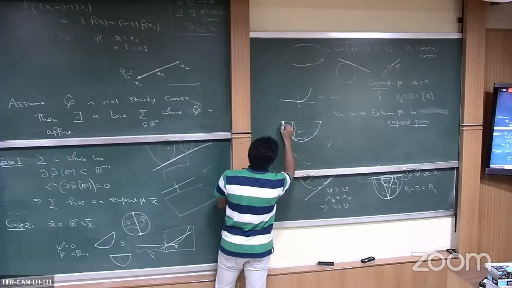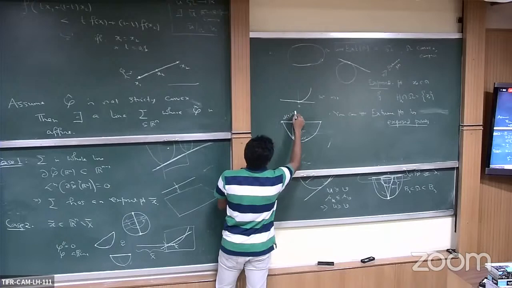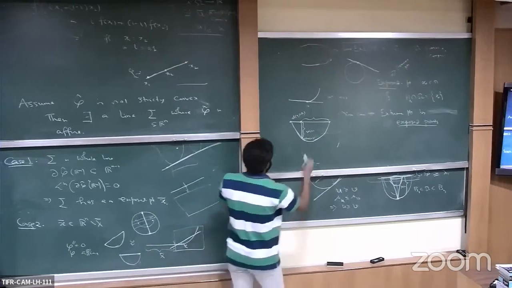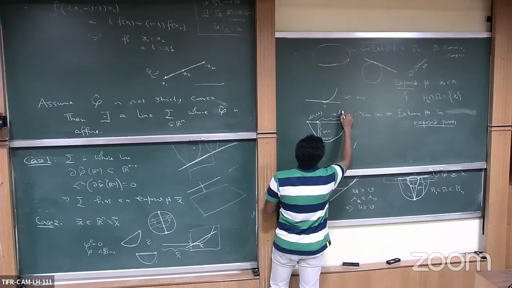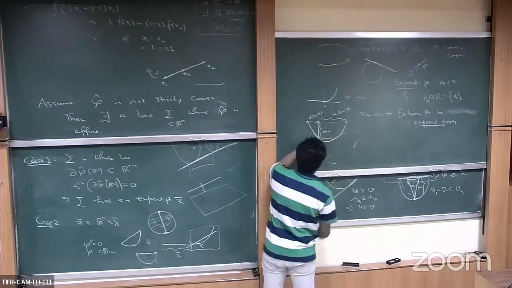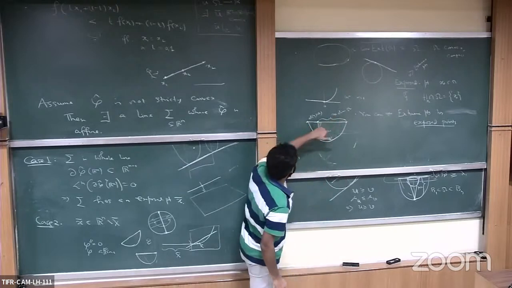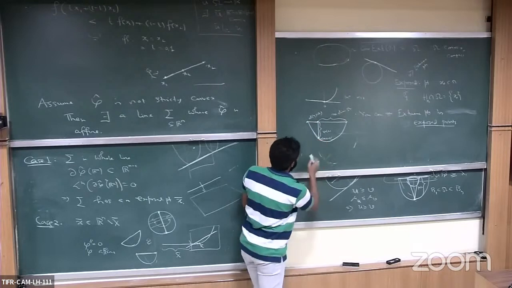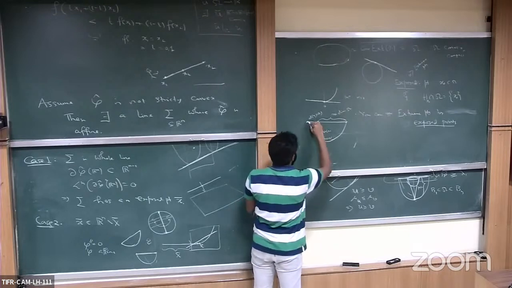This distance is the distance from x to the boundary, and this distance is comparable to the diameter of omega, or the radius, whatever it is. Suppose this is very small, the value of u. Then let us draw the cone.